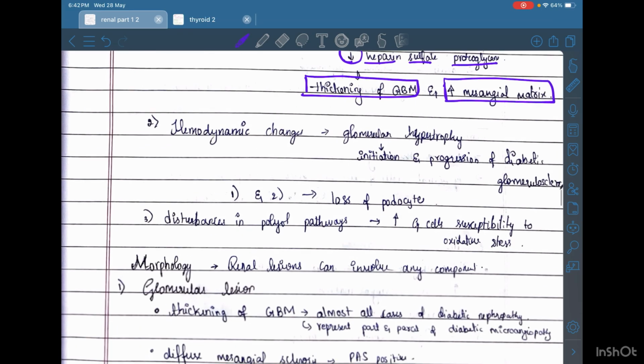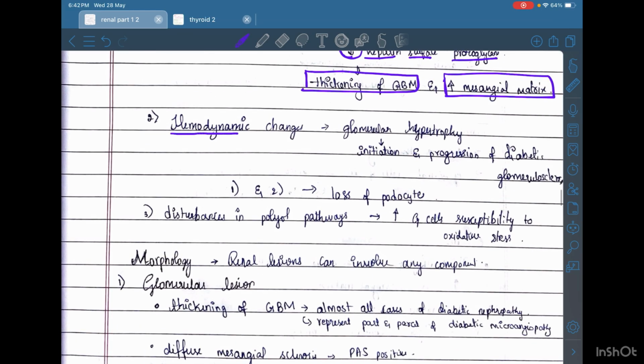Next, the hemodynamic changes lead to glomerular hypertrophy. This causes initiation and progression of diabetic glomerulosclerosis. What is hypertrophy? Hypertrophy is an increase in size, correct?